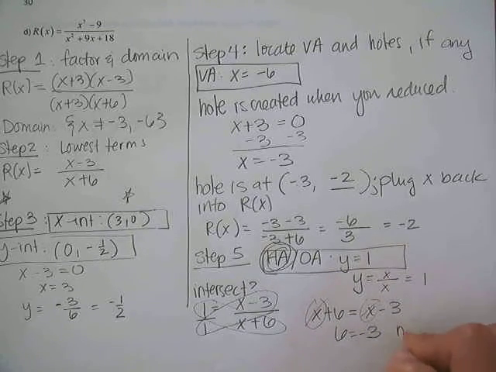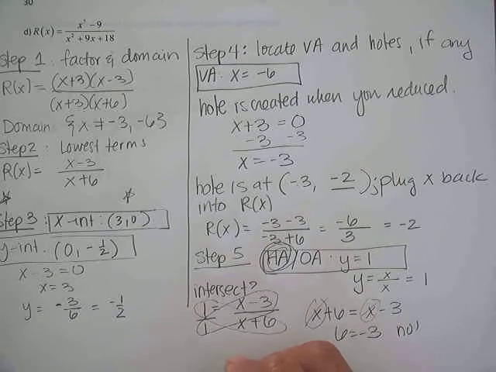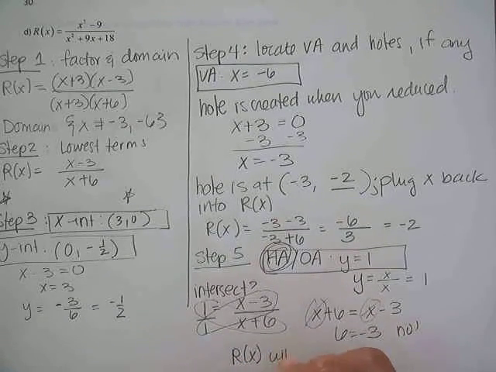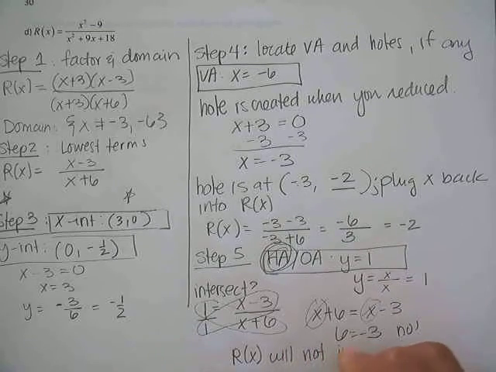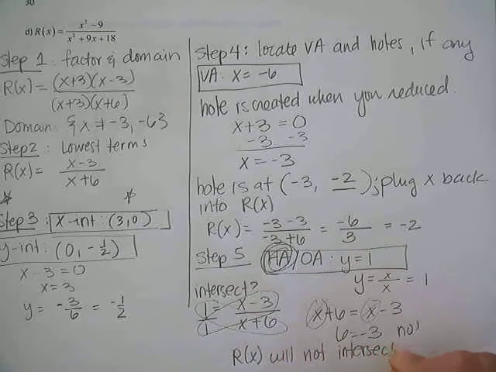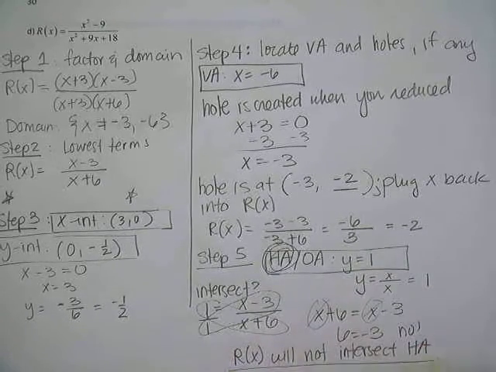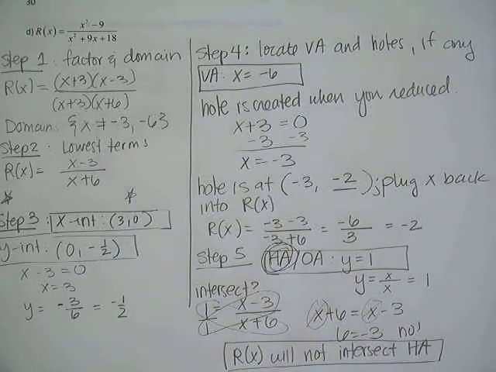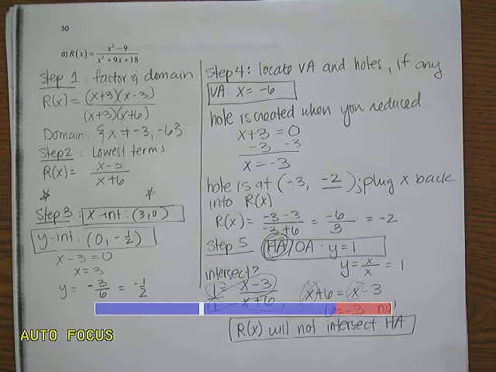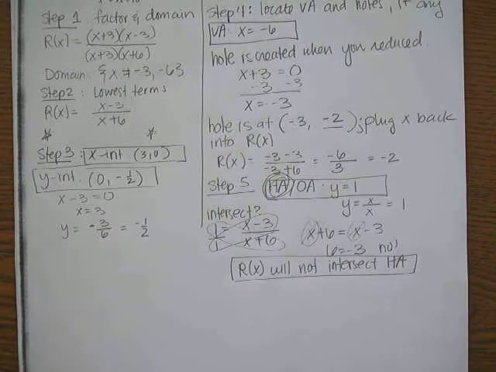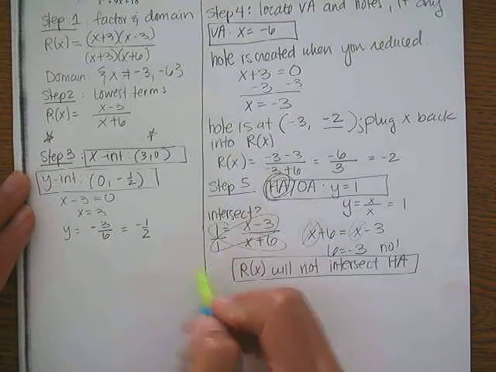So no, r of x will not intersect our horizontal asymptote. All right, that was step number 5. Let's move on to step 6.